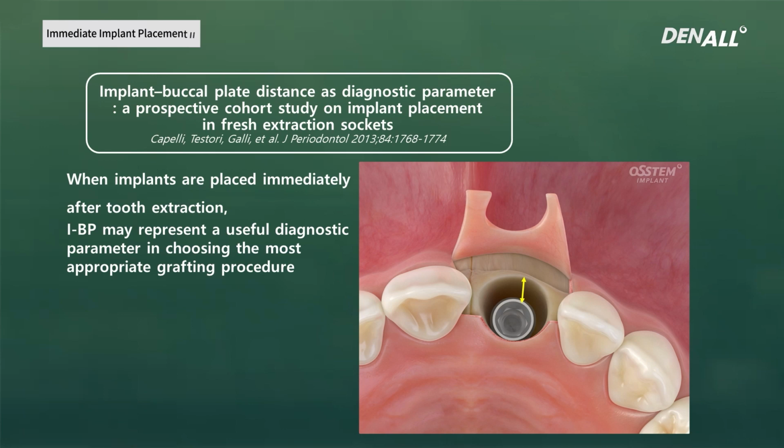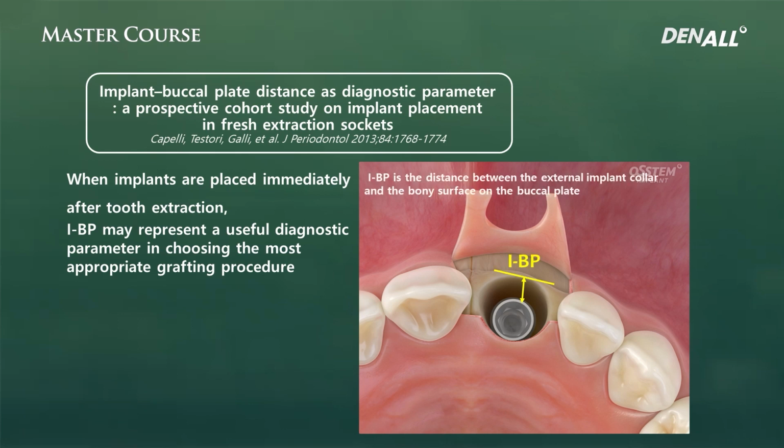IBP is the distance from the external part of the implant to the outer surface of labial plate. The distance between external implant collar and the bony surface on the labial plate. You use this criteria to determine the graft you're going to do.